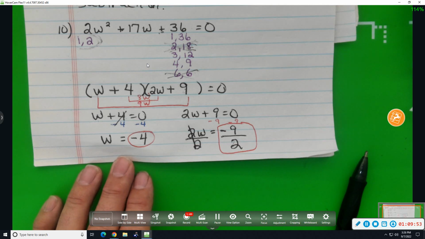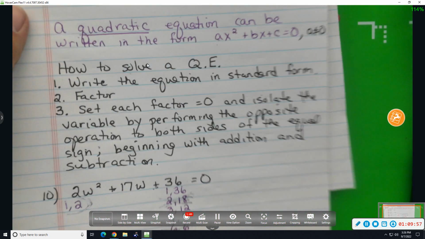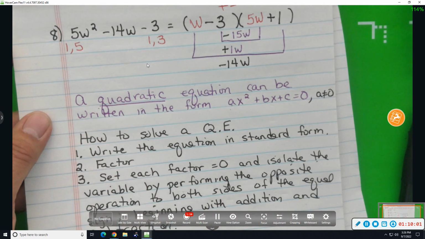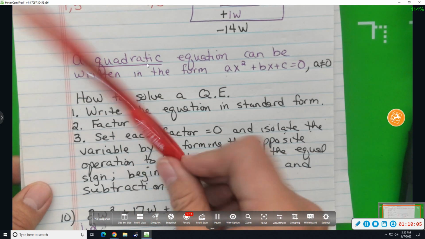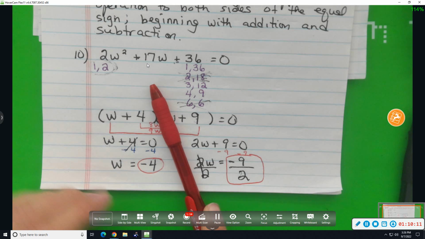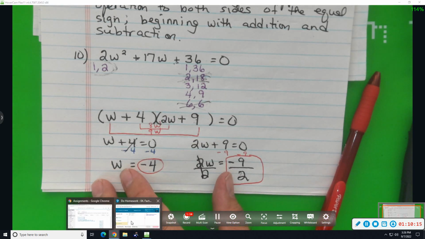How do you tell the difference between this and problem number 8, the ones where you're just factoring? Well, the instructions for number 8 say factor. The instructions for number 10 say solve. When it just says factor, your answers are 2 sets of parentheses.